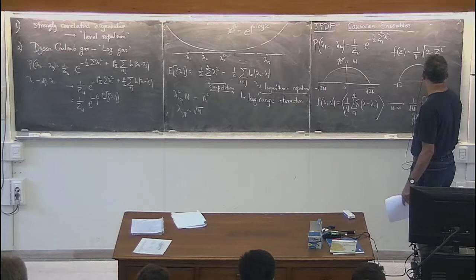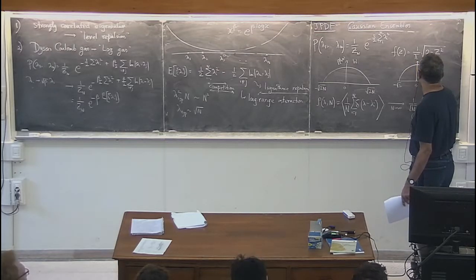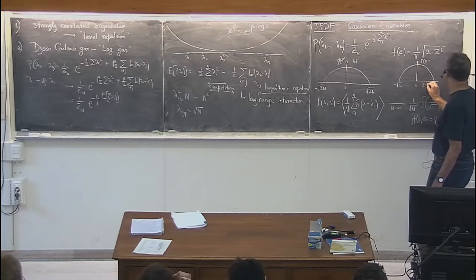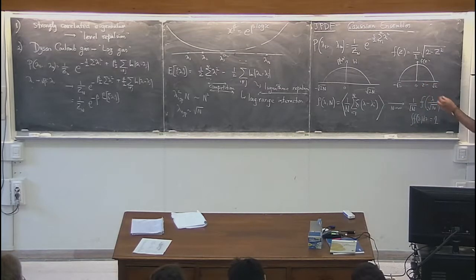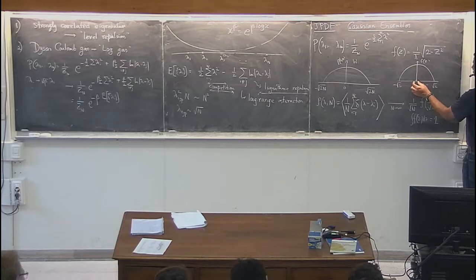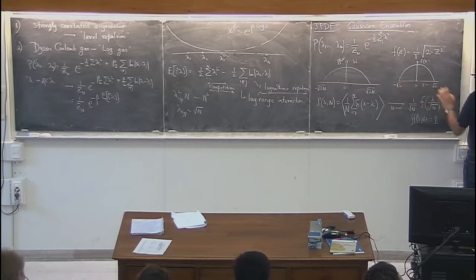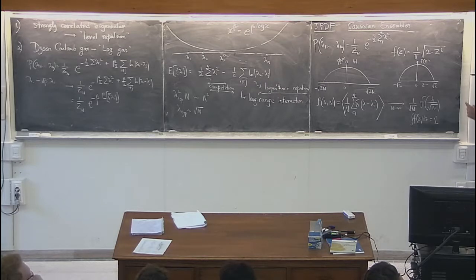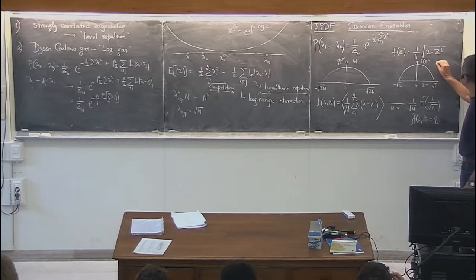So there will be more eigenvalues near the center, near the trap center, and lesser and lesser eigenvalues as you go out, and beyond root 2, on average, there won't be any eigenvalues. So you see already that the largest eigenvalue on average will be root 2 times root n, so this will be root 2n.